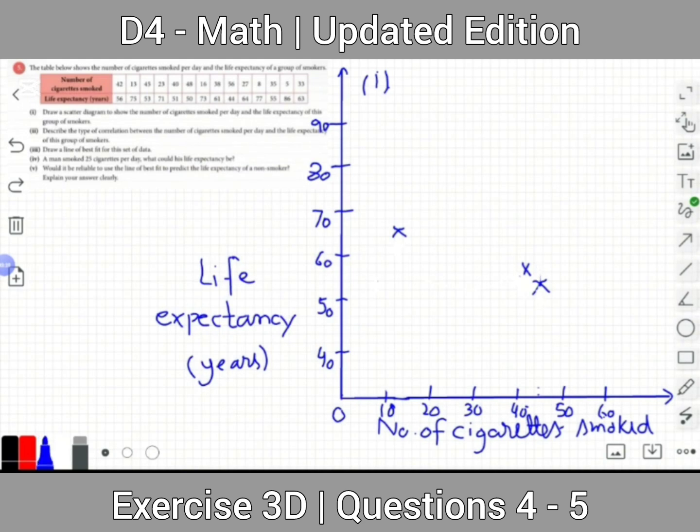Now for 23 and 71, here we have somewhere 23, and here we have 71. So we'll put a cross here.